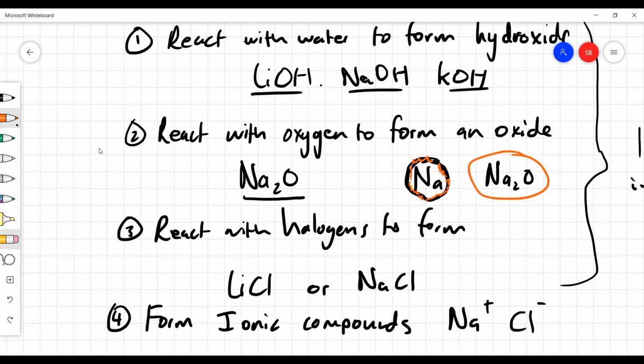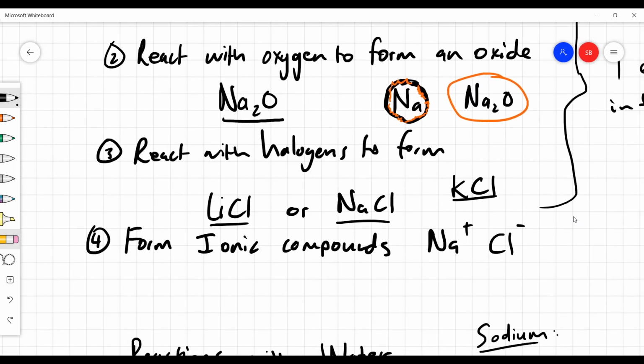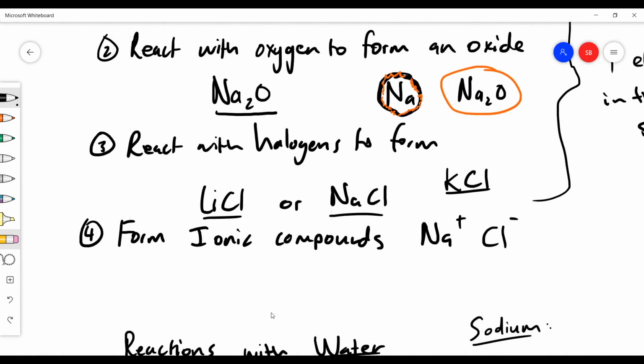They react with the halogens, another group, to form salts like sodium chloride, lithium chloride or potassium chloride. And they form ionic compounds, which is another chemical property. Remember, ionic compounds like sodium chloride, if we put this into water, will dissociate into ions, sodium and chloride.